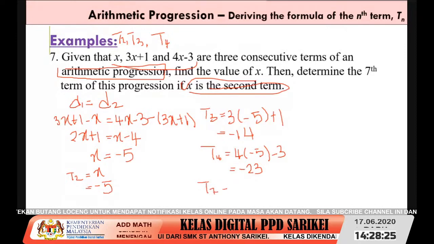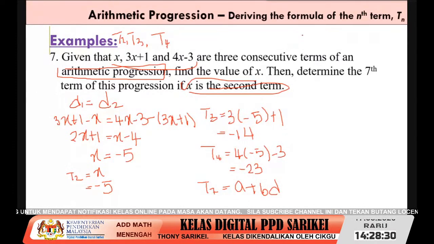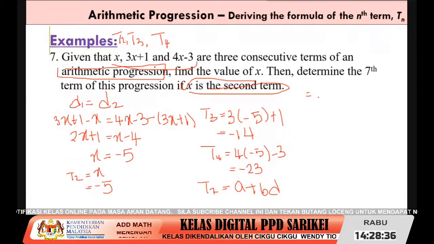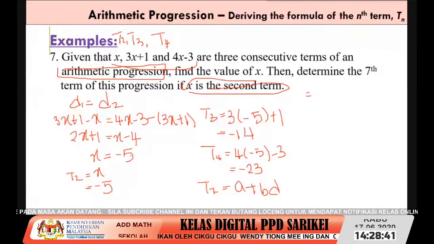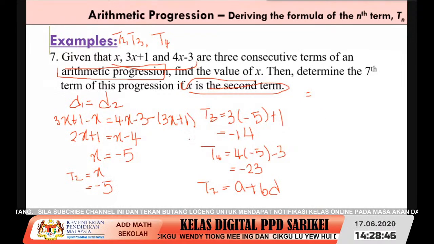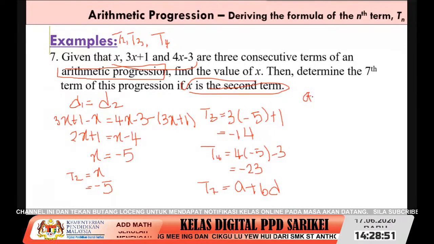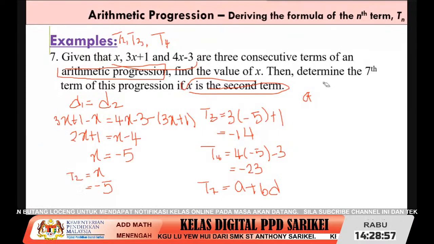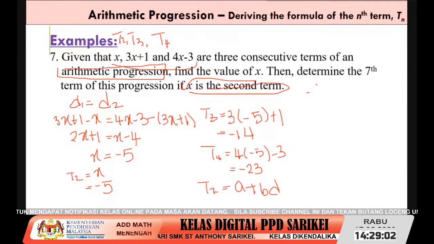So we just use the formula T7 equal to A plus 6D. So we just substitute. Okay, what is my A? I have to find out what my A is.